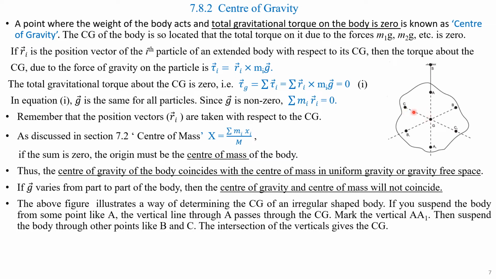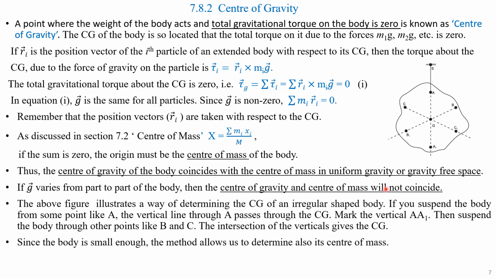Then the intersection of AA1, BB1 and CC1, as shown in the figure, will be the center of gravity. Since the body is small enough, the method also allows us to determine its center of mass. If the body is small and the mass is uniform, then we can also find the center of mass.